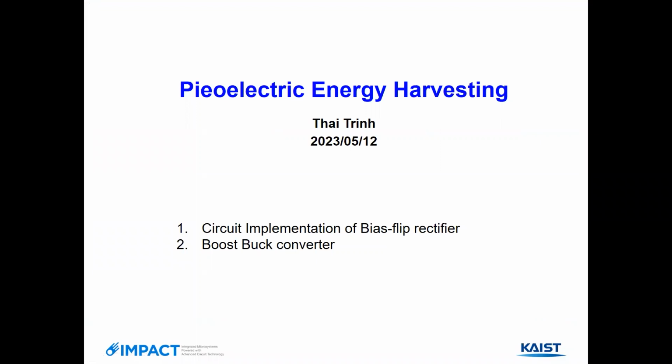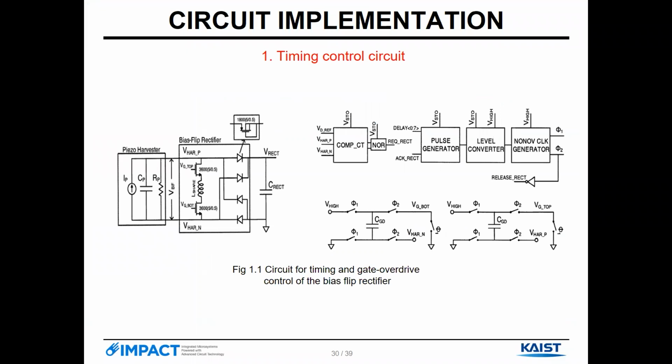So, in this short presentation, I'd like to share about the circuit implementation of the bias-flip rectifier and something about the boost and buck converter. The first one is the timing control circuit. As we can see on the left is the piezoelectric harvester connected to the bias-flip rectifier. So we compare VG reference with VHP and VHN.